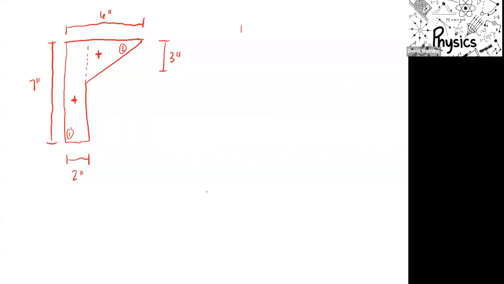So if we write down our data, A1 is going to be 7 times 2, 14 inches squared. X1 is 1 inch. Y1 is 3.5 inches, half of 7.